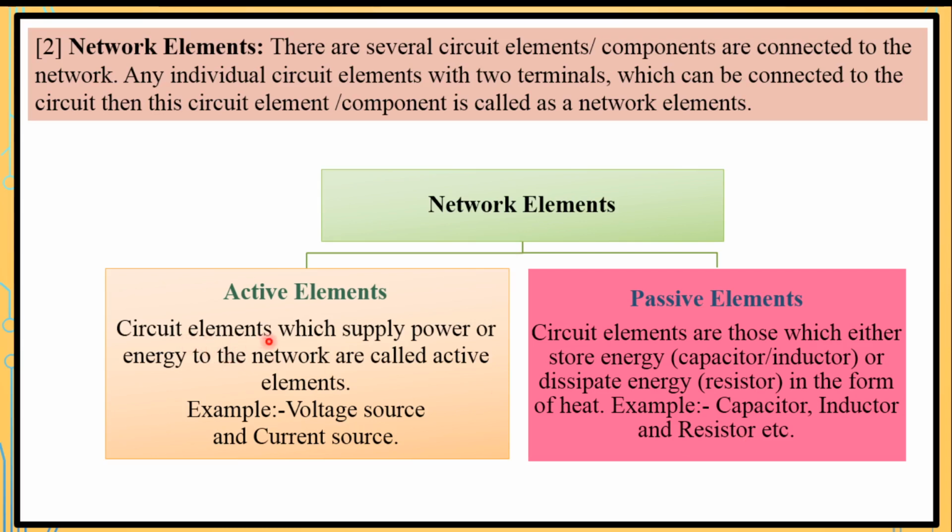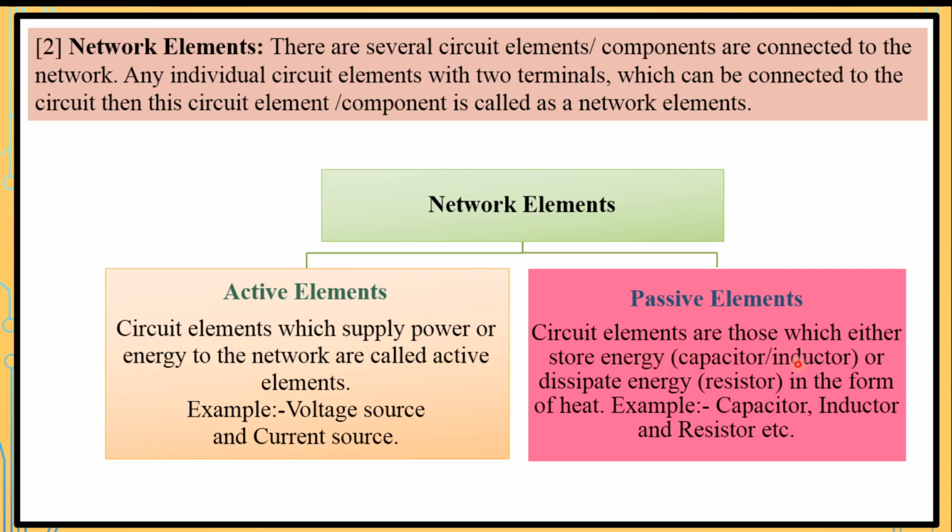Circuit elements which supply power or energy to the network are called active elements. Passive elements are those which either store energy but do not supply power to the network, or dissipate energy.